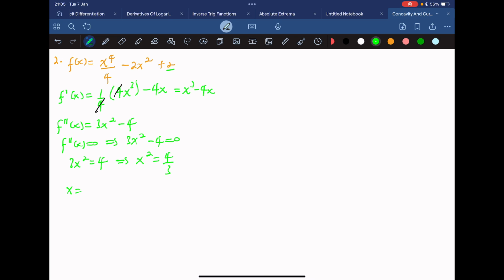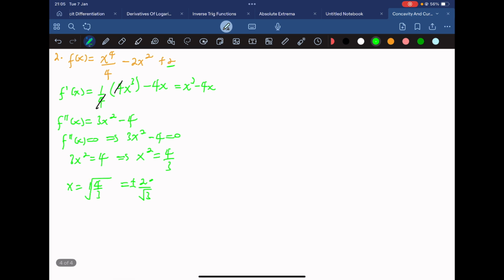So our x will be the square root of 4 out of 3, which is equal to plus or minus the square root of 4 over root 3. Remember, the square root of 4 gives 2. Square root of 3 is a radical, so we just leave it as it is.